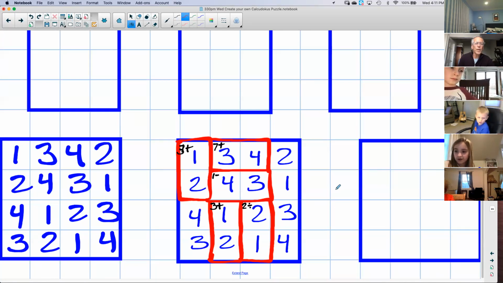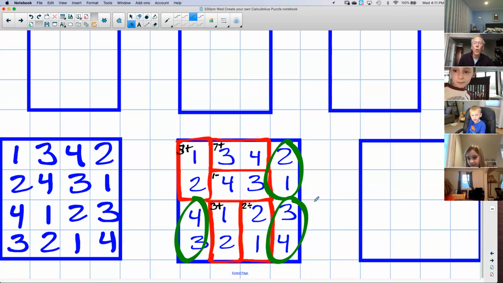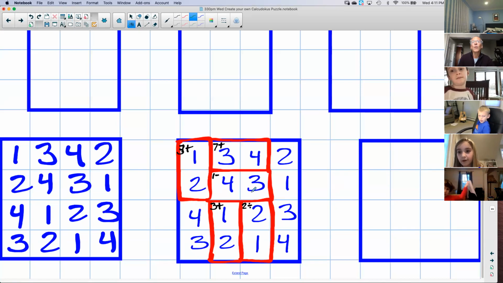What are you going to choose, Sabrina? I don't really know. Well, you could choose the 4 and the 3, the 2 and the 1, the 3 and the 4. What do you think you want? The 4 and the 3. I love it.